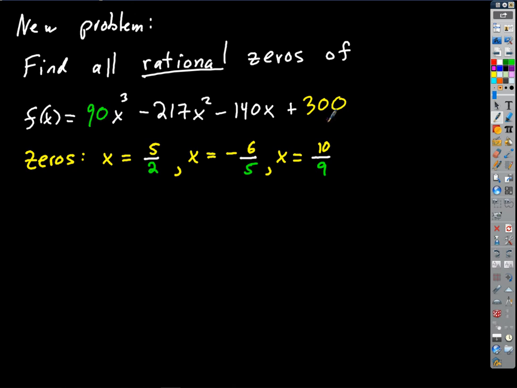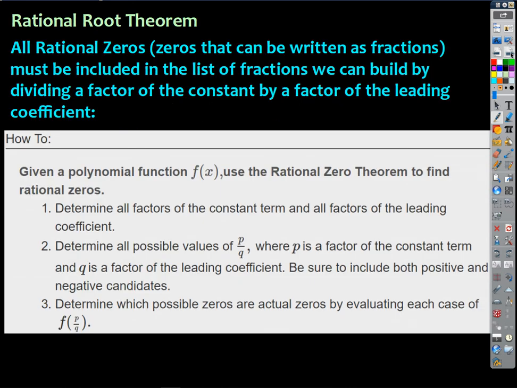And so that gives us the rational root theorem. That relationship just says all rational zeros that can be written as fractions must be included in the list of fractions we can build by dividing a factor of the constant by a factor of the leading coefficient. So if there are rational zeros, they have to fall in that list of possible zeros.